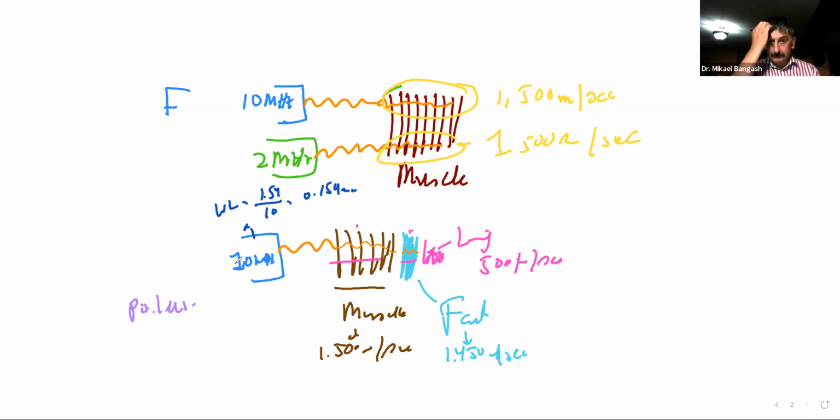Did that make sense? Yes. So that's why we said, what is going to determine how fast or slow sound travels? That is going to be determined by what medium the sound is traveling through.